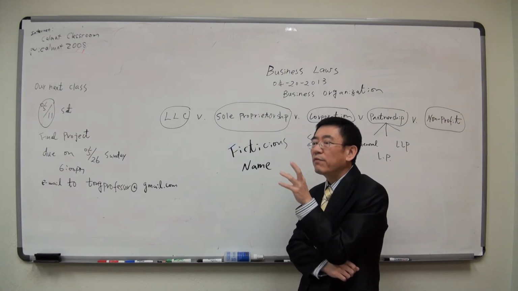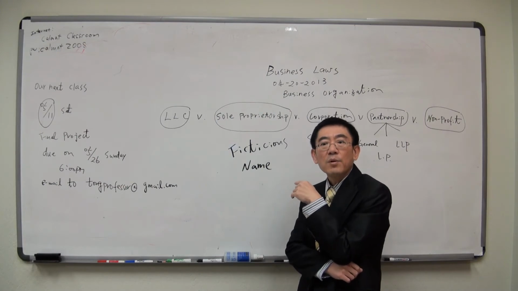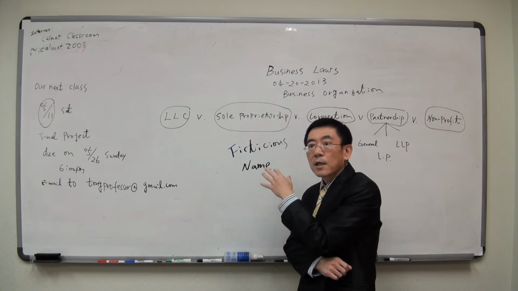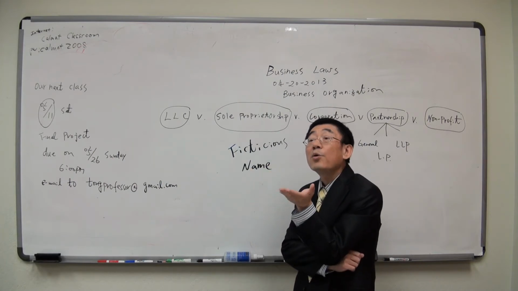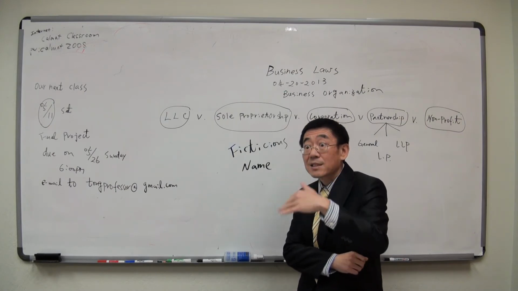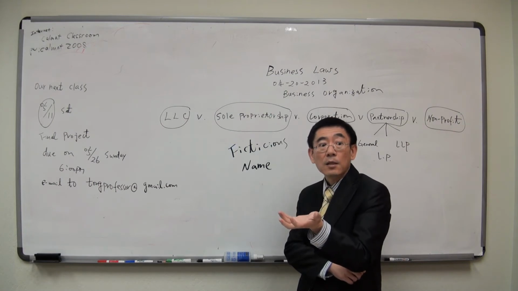Number two, you file this, then you need to publish in the newspaper. When you file this, you ask the county clerk, can you provide me the authorized newspapers? Not every newspaper, only the ones on the list authorized by the county.